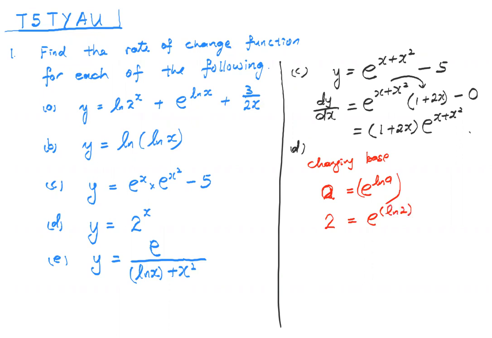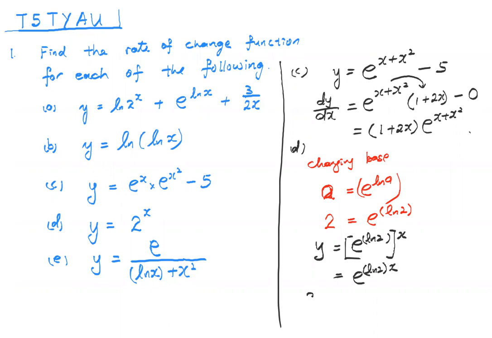Would that be okay? So please remember this. So now my y equal to e to the power of ln 2, this is my 2, then to the power of x. So this will be e to the power of ln 2 times x.